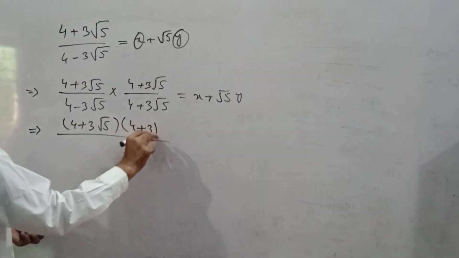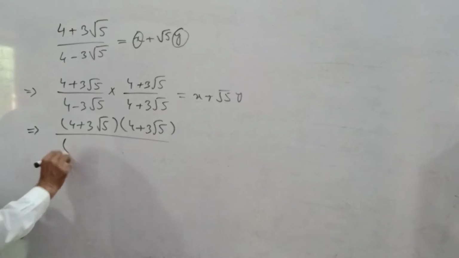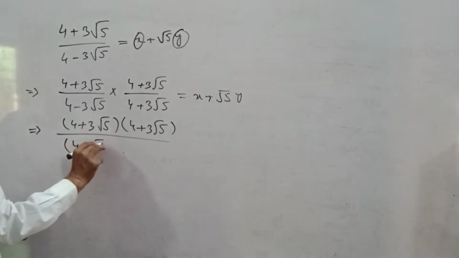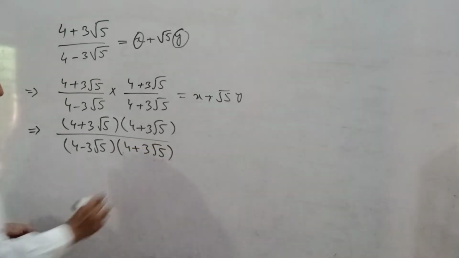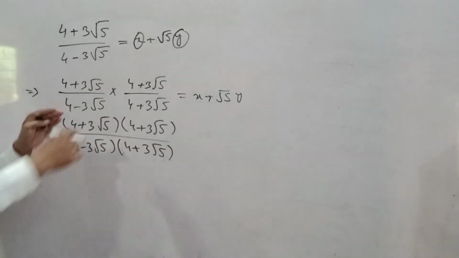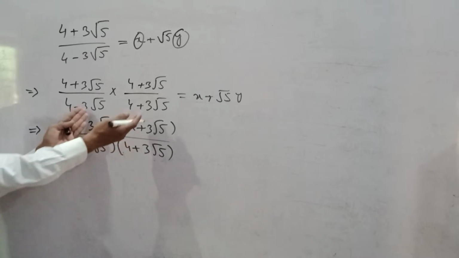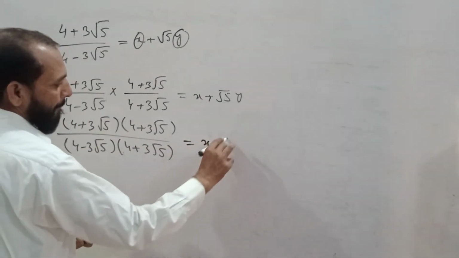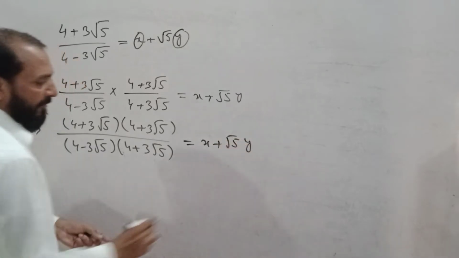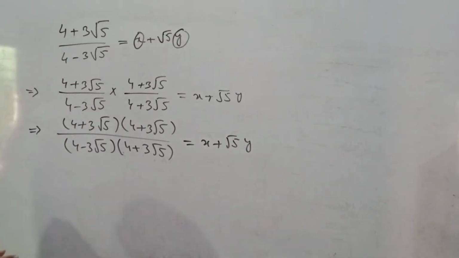4 plus 3 square root 5, and we can write that in the form of a product. The numerator multiplies the numerator and the denominator multiplies the denominator, and then we can write the value of this. Okay?